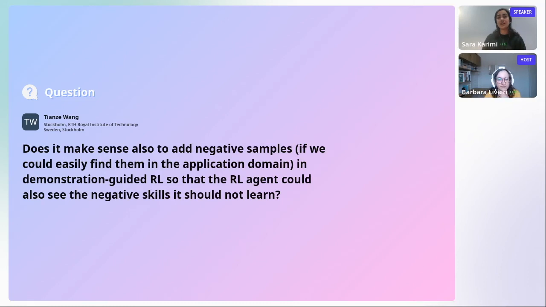So they are not necessarily positive examples, as you mentioned. They have a mix of good expert and non-expert examples. I am not sure how you can formulate that for the agent to learn from the mistakes, but I know that there are a lot of techniques that can be used when you have a data set of mixed skills, basically.